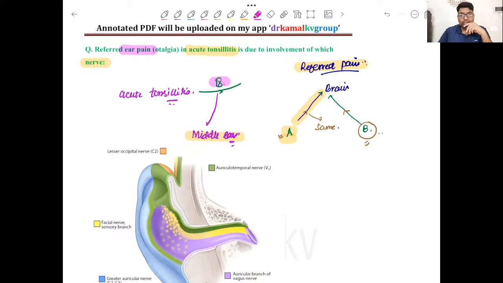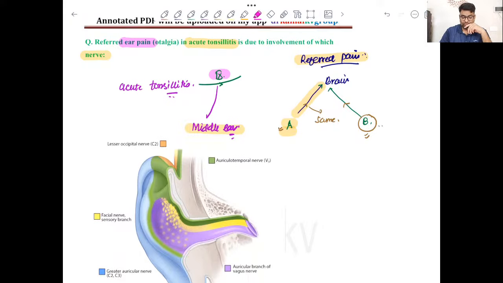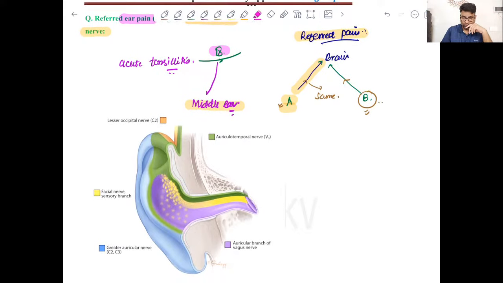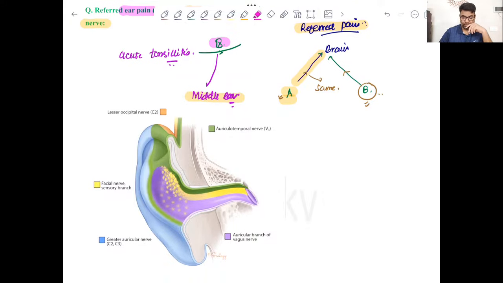Now there are many other nerves which provide sensory innervation around the area of the ear and also to the ear, and therefore there might be an overlap, and we must know that referred pain might come into play. So you should know the nerves which can lead to the concept of referred pain.